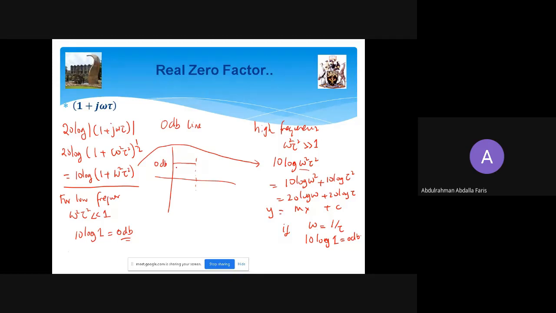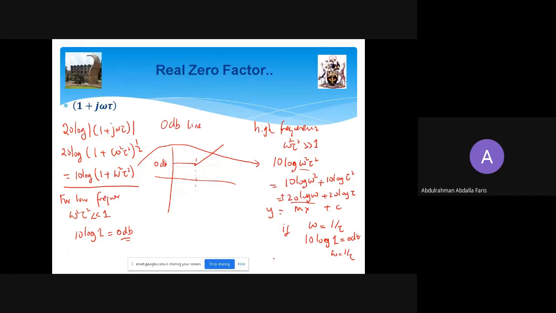So this low frequency line is shared with the high frequency line at omega equals 1 over tau, the corner frequency. After that, it will go with 20 dB per decade, like this. This is positive.